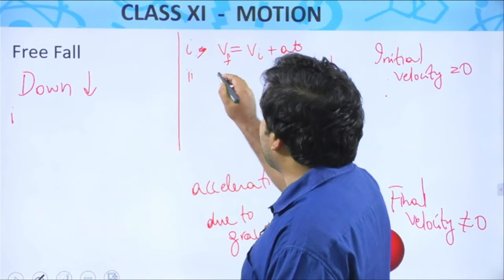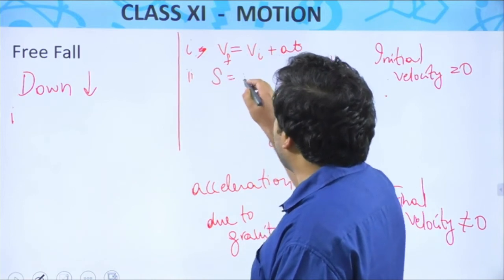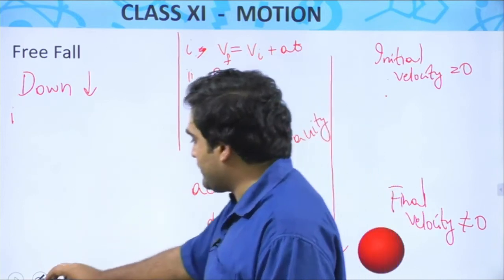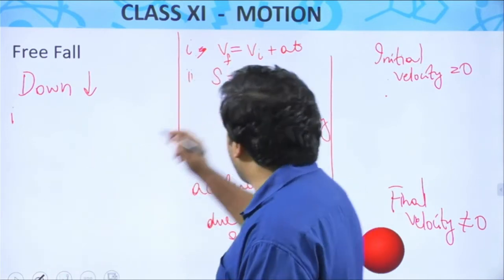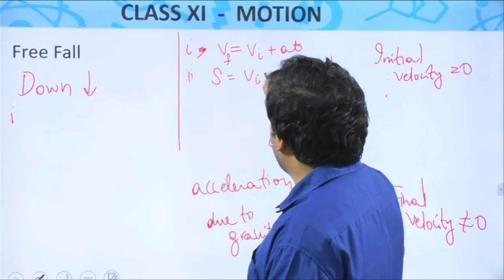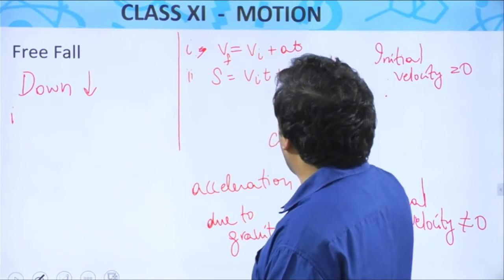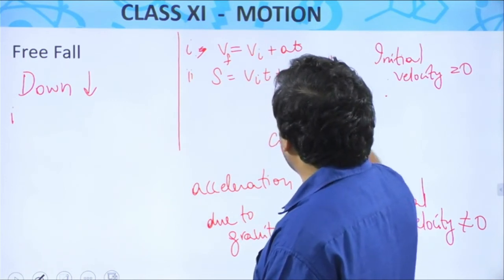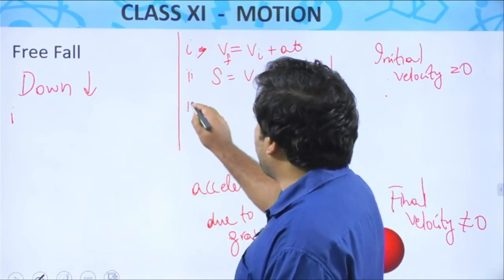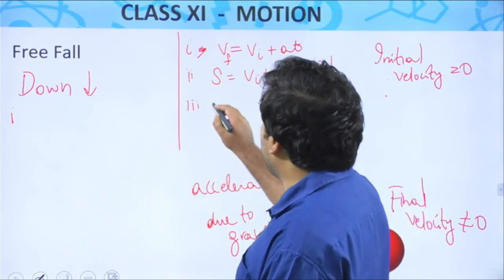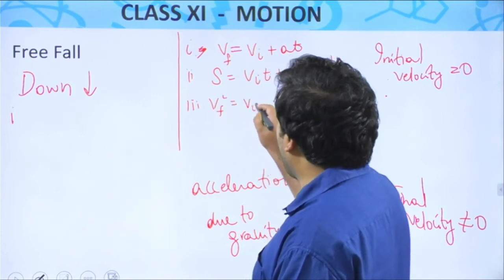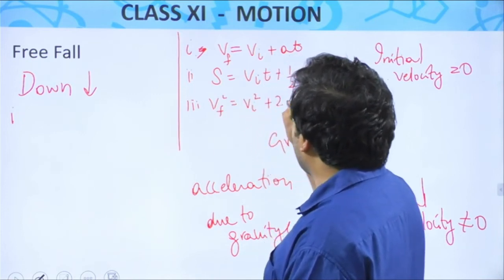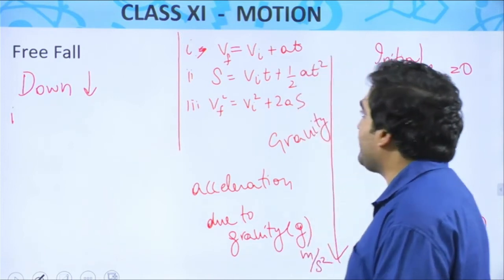The second equation of motion is S equals Vi T plus half A T square, and the third equation of motion is Vf square equals Vi square plus 2As.